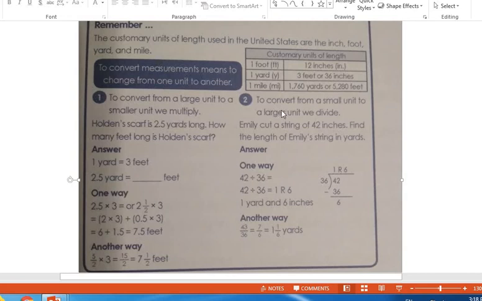To convert from a smaller unit to a larger unit, we divide. Emily cut a string of 42 inches. Find the length of Emily's string in yards.